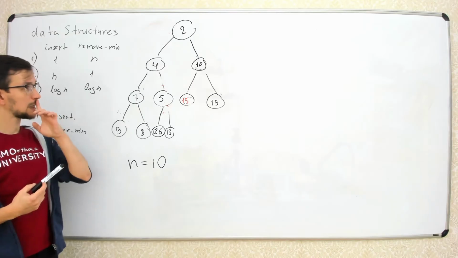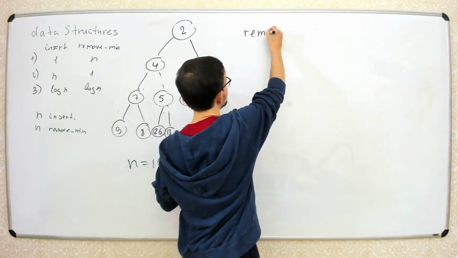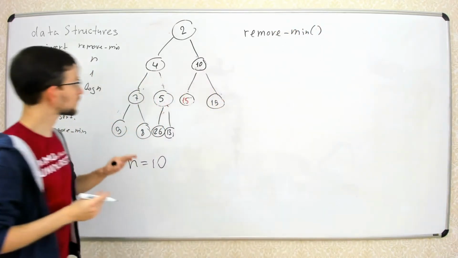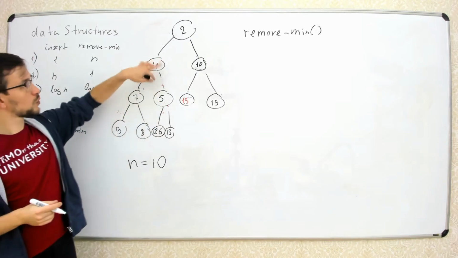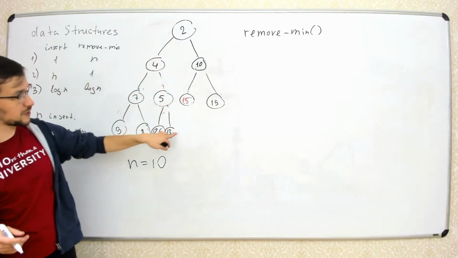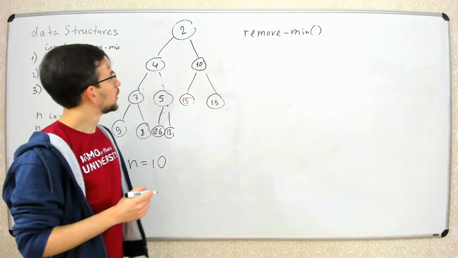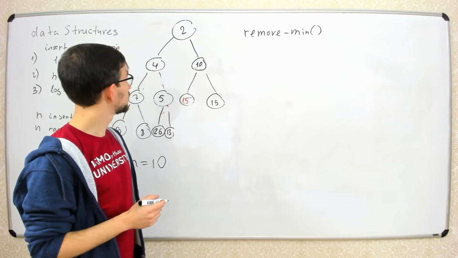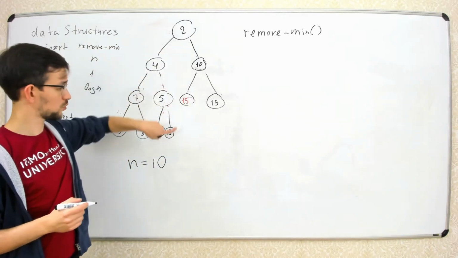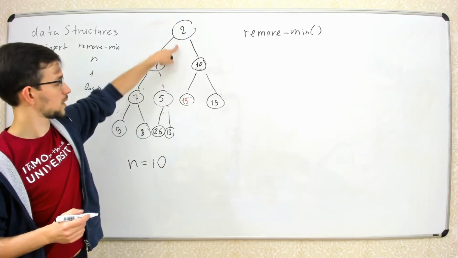So let's write some code. I need to remove the minimal element. First, again, we take the root element, remove it, and replace it with the last element. How can we do it? Let's just simply swap these two elements, like the first element and the last element.